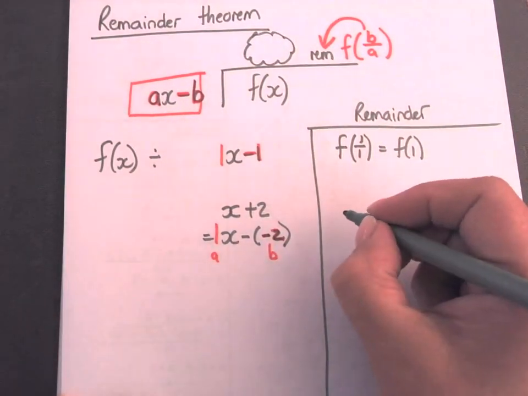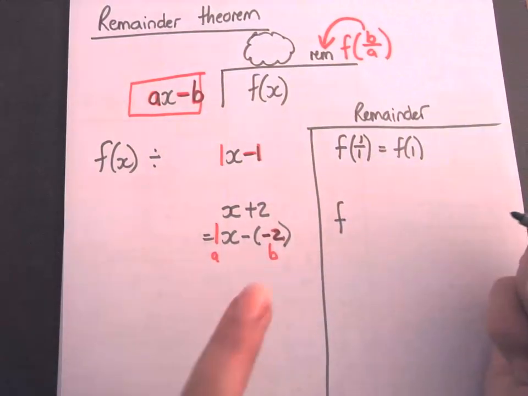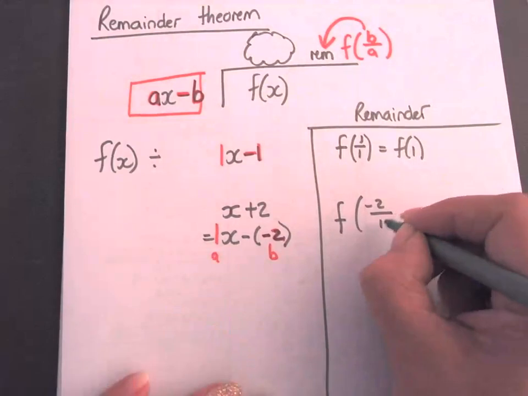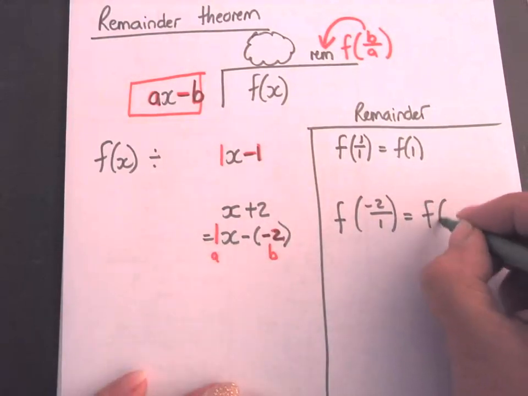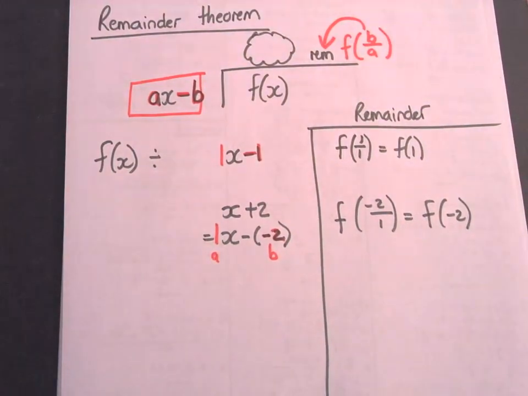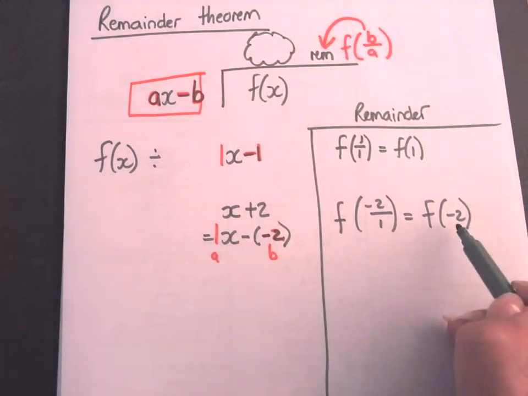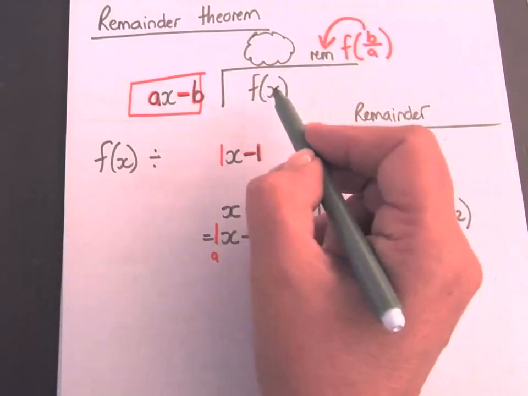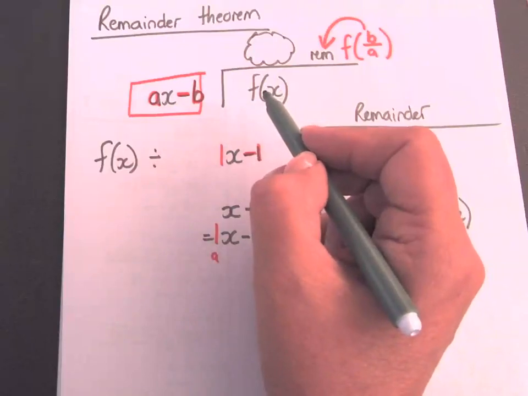So to get the answer of the remainder, I take the b, negative 2, and divide it by 1, and that will be f(-2). So if I replace the negative 2 into all the x's in the function, I will get the remainder.